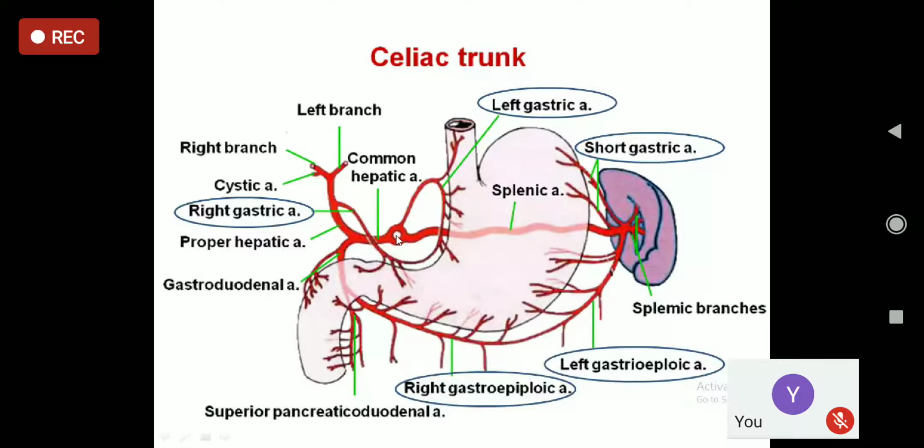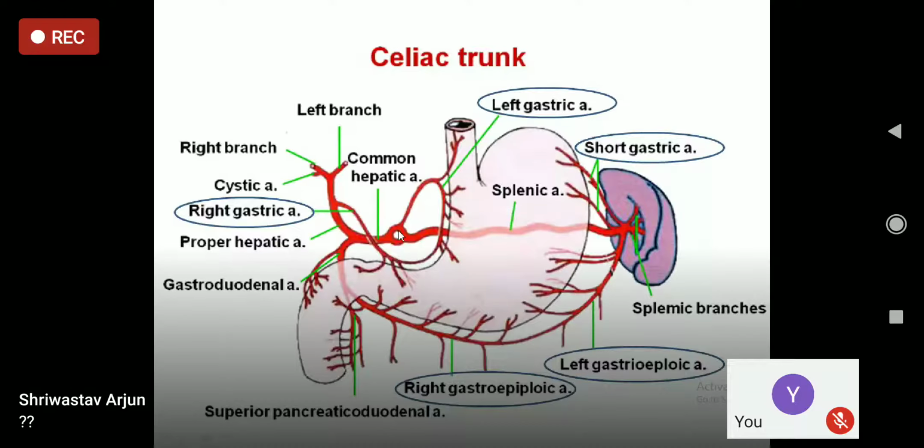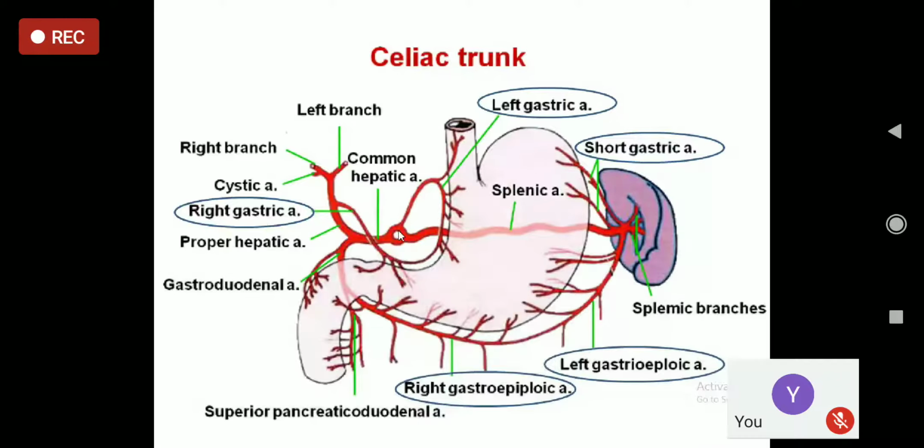So, the arterial supply of the stomach. For this, have you ever heard about foregut, midgut, and hindgut? When you study general embryology, during the embryonic folding, part of the yolk sac is pinched out of the embryo proper, and some of it lies within the embryo proper, forming the foregut, midgut, and hindgut.